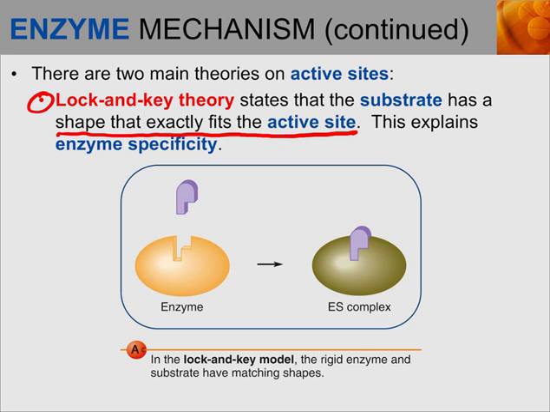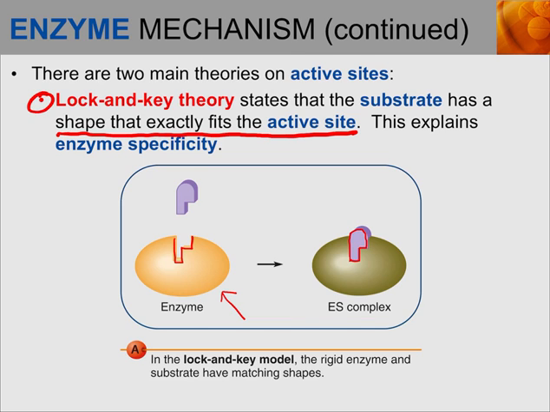And this would explain why some enzymes specifically react with just one substance, right? So we've got this rigid enzyme, and it can only fit something with this shape. So the substrate has to have that shape in order to fit into the enzyme.